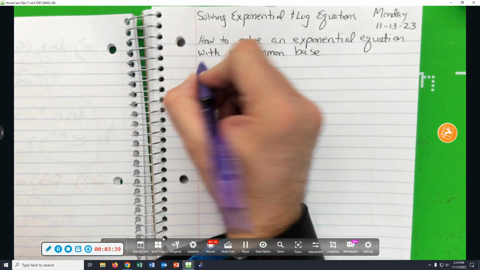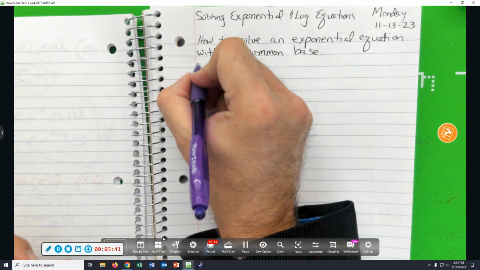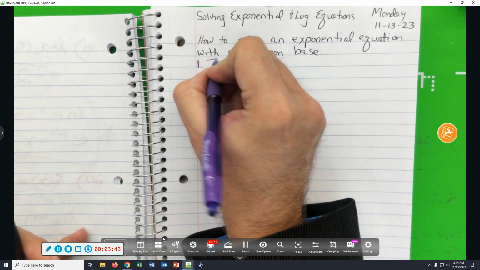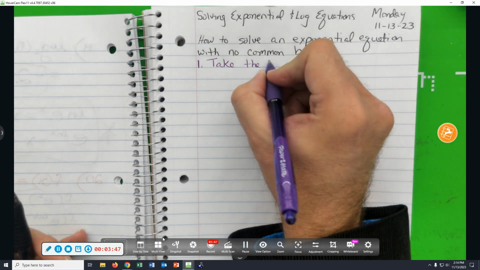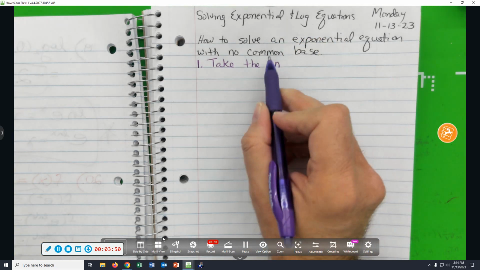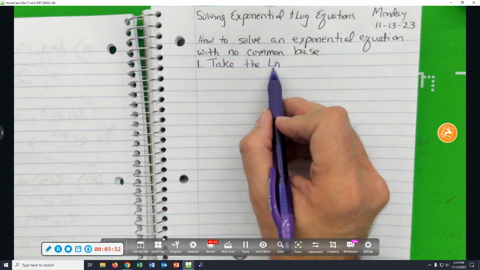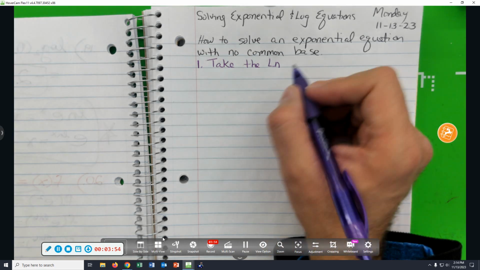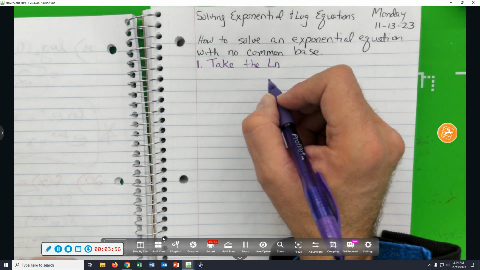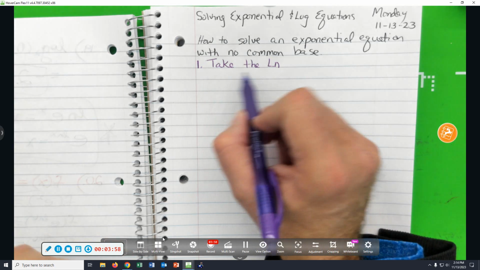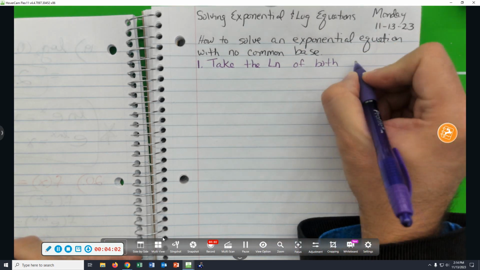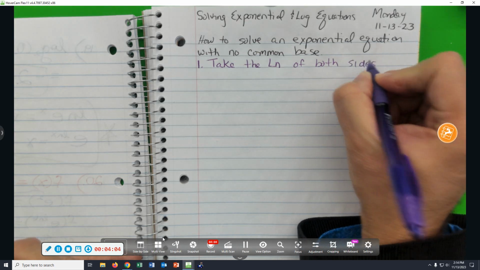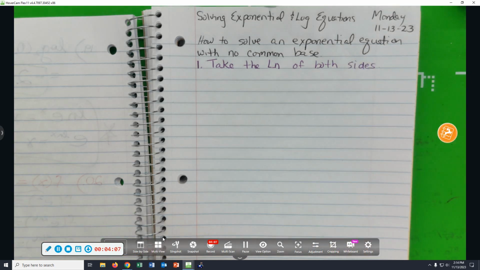So the first thing you'll do is take the natural logarithm. I'm writing it with a capital L, even though when you're typing logarithms, you shouldn't be typing capital on Pearson. Take the natural logarithm of both sides.